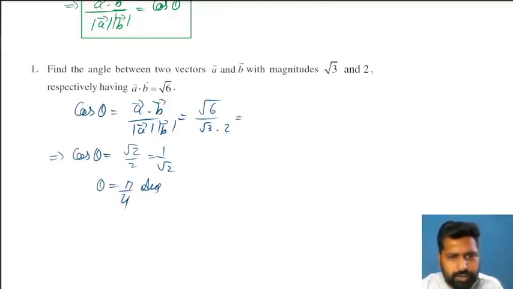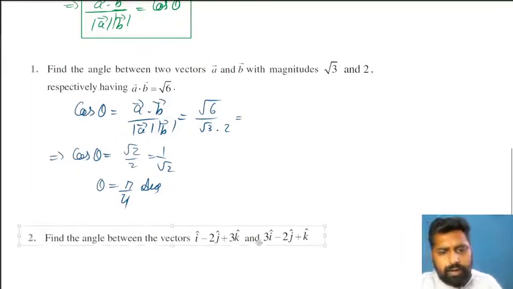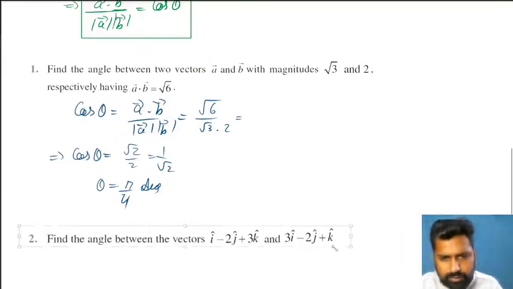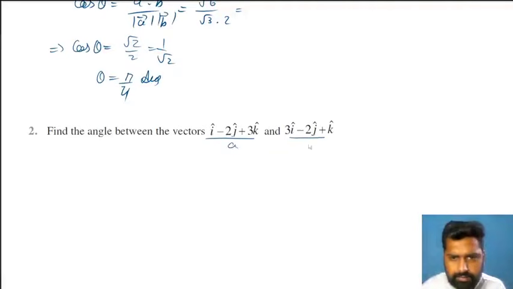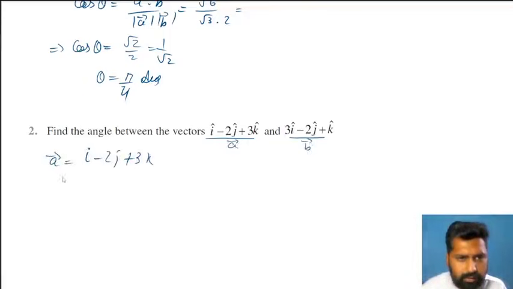Let's look at the next question. Find the angle between the two vectors. Okay, this will teach you how to do the dot product also. So you have two vectors now. This is your A vector, let's say. This is your B vector. Okay. So let's write them. A vector is i minus 2j plus 3k.